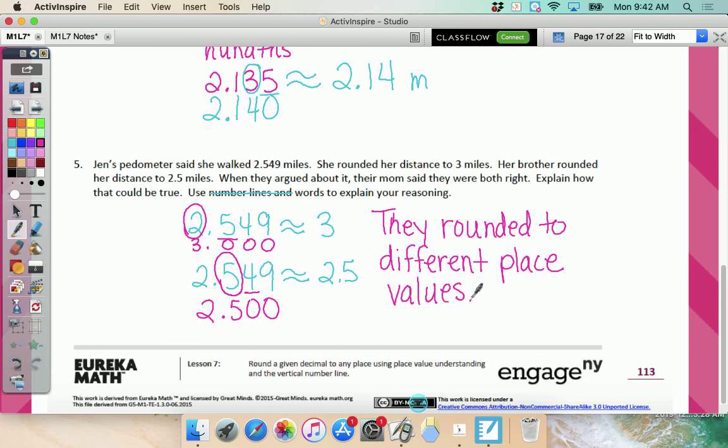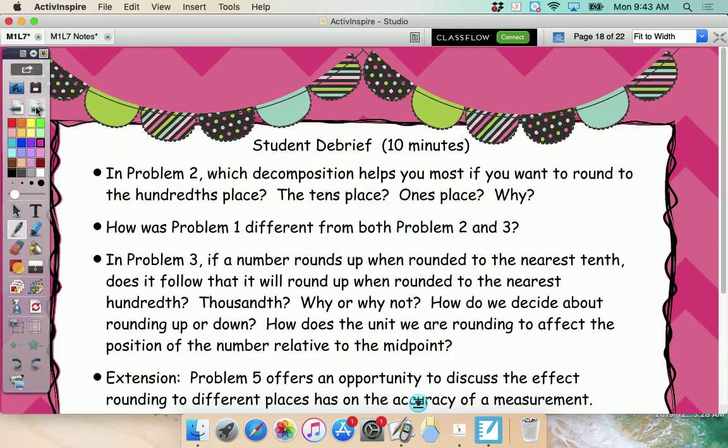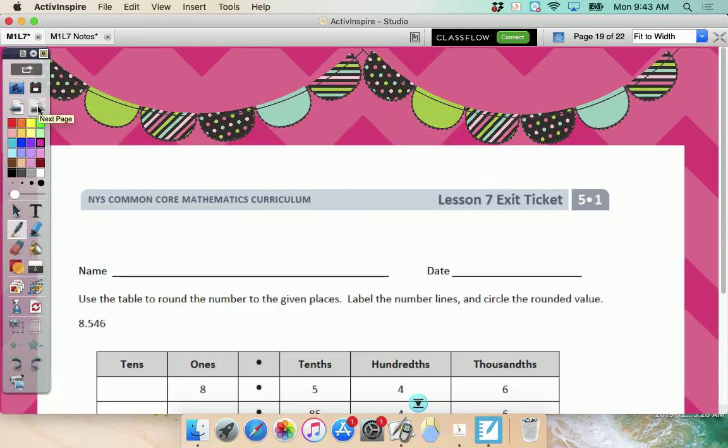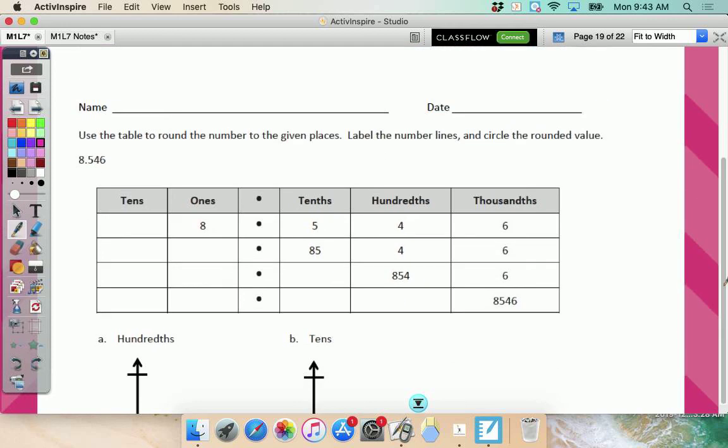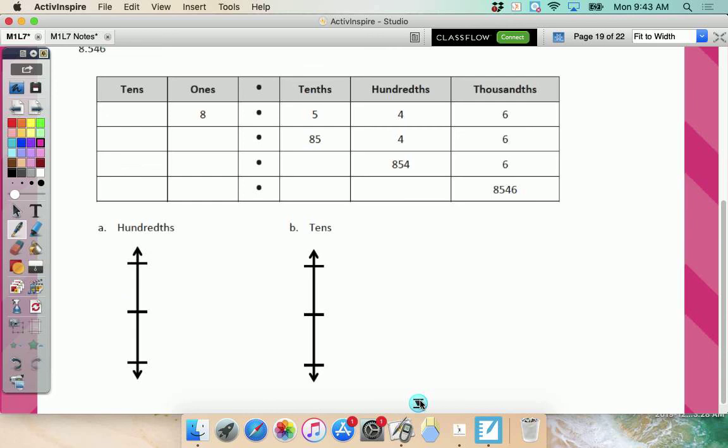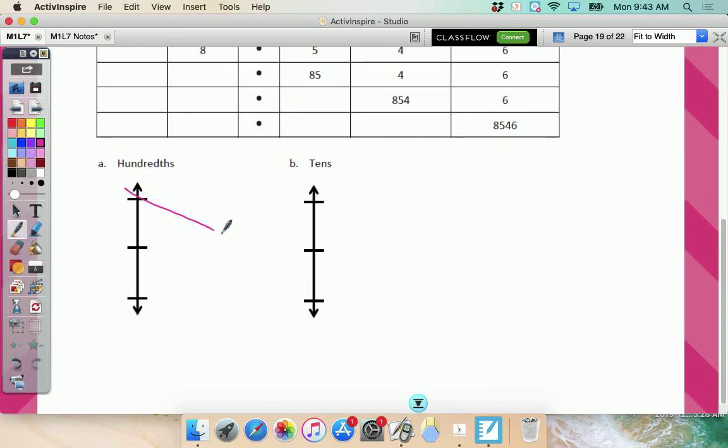Okay. So exit ticket. Now you're going to have plenty of room to write this at the bottom. Okay, so it's the same way we've been doing it. Here's the deal though. Half my class read this number B as tenths.